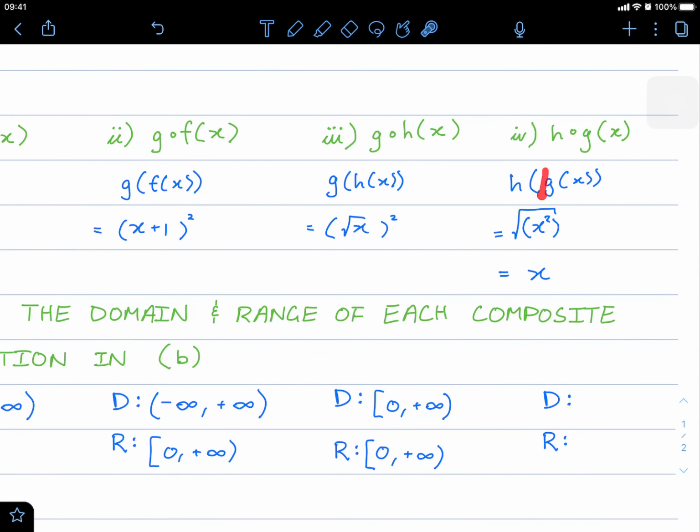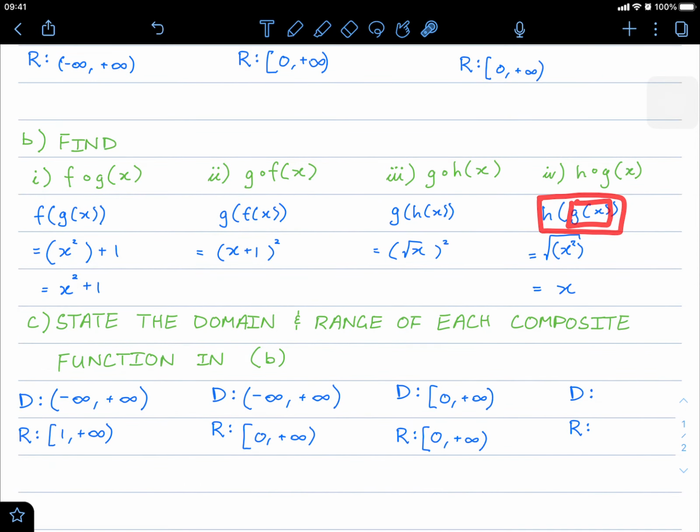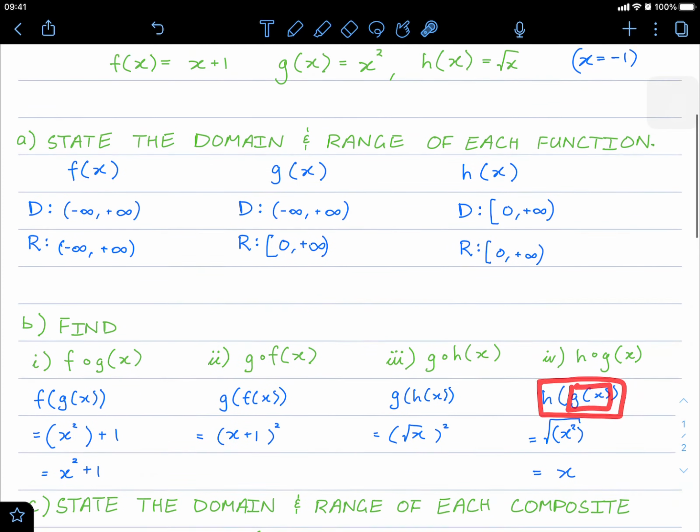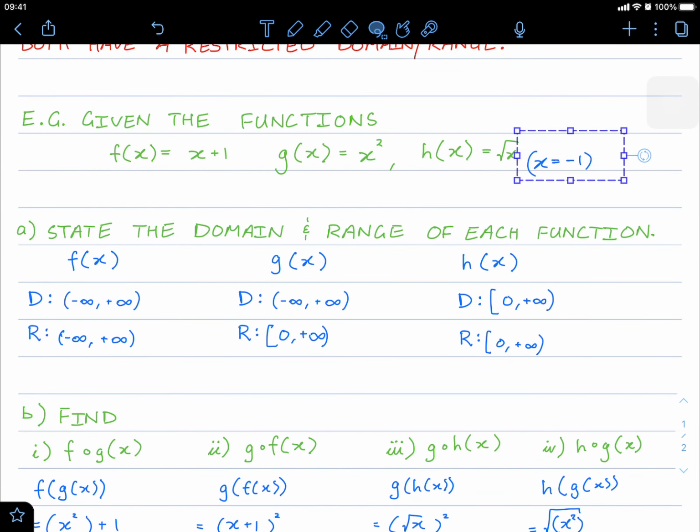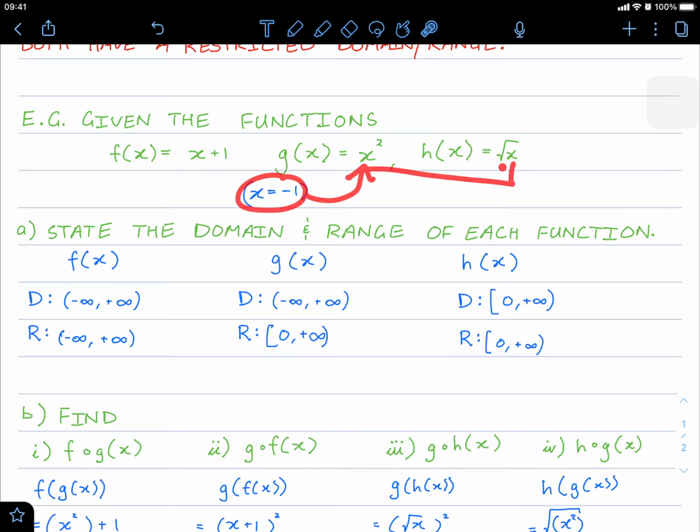In this, we're starting on g and then taking the result and substituting into h. Now, let's think about this. If we wanted to substitute x equals negative 1, we could substitute it into g. That's allowed. And then whatever result we get, we substitute that result into h.